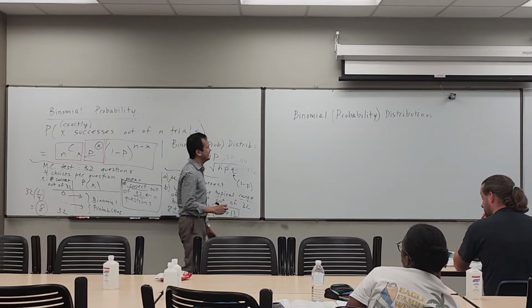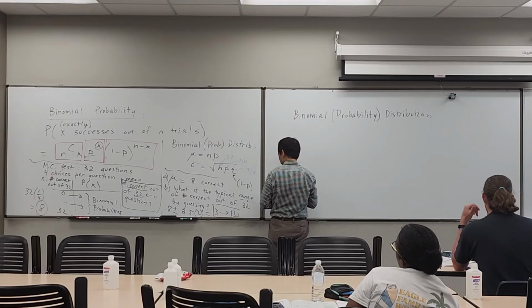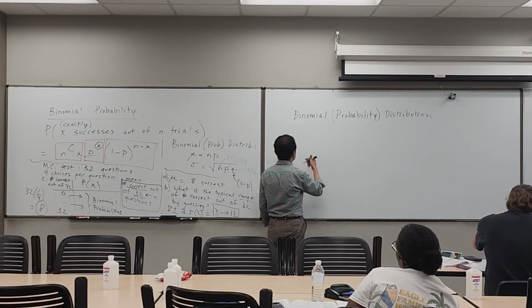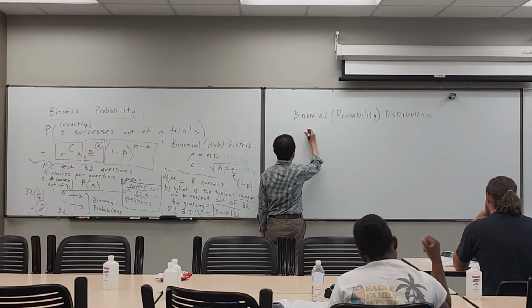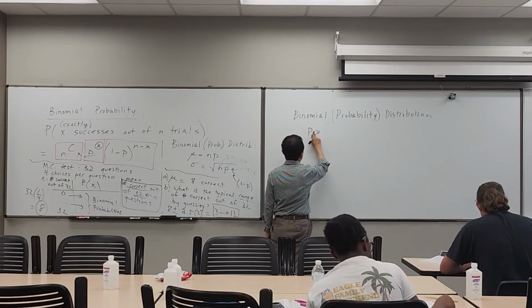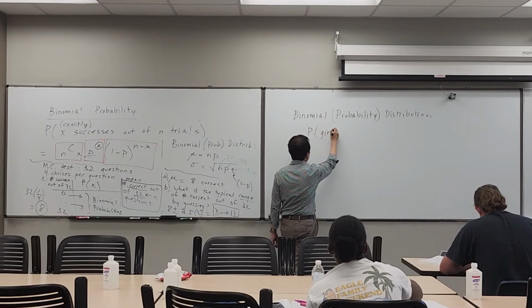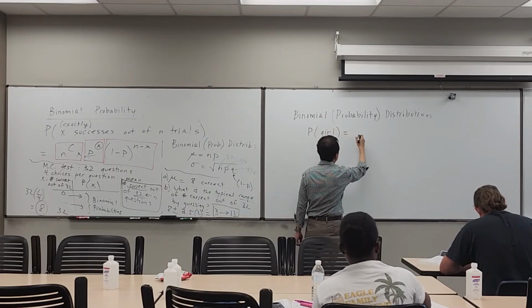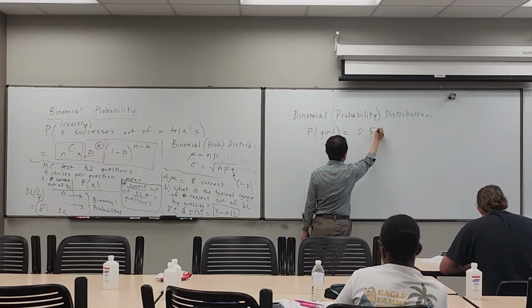Okay, good. So let's say that in a certain country, you find that the probability of having a girl is, let's say, 0.52.